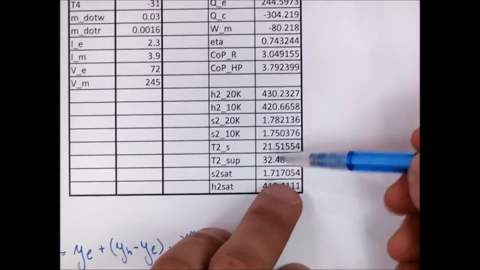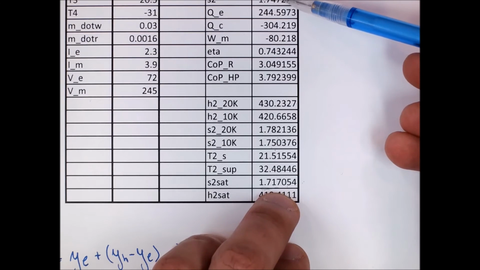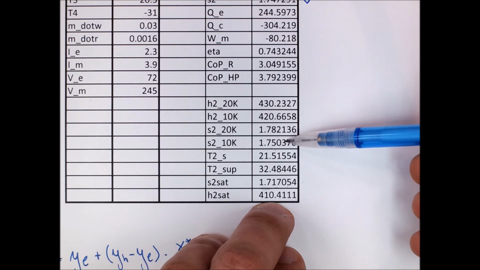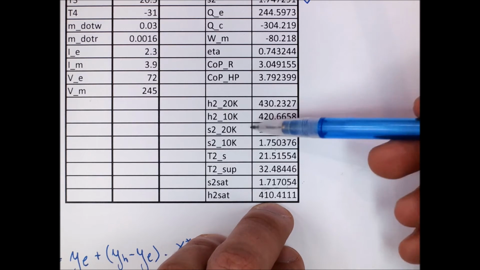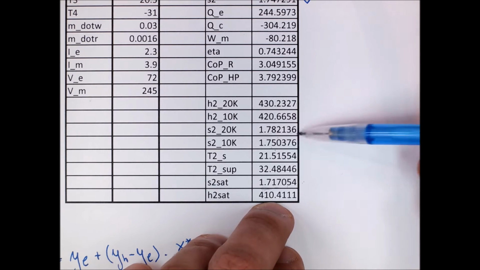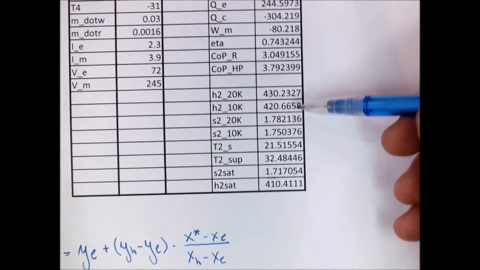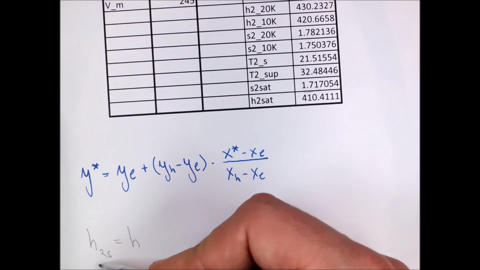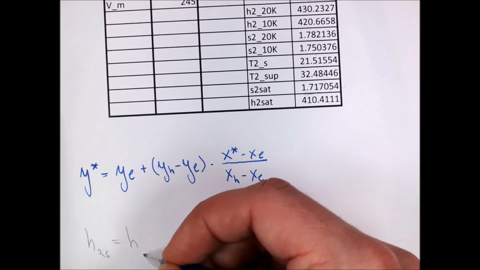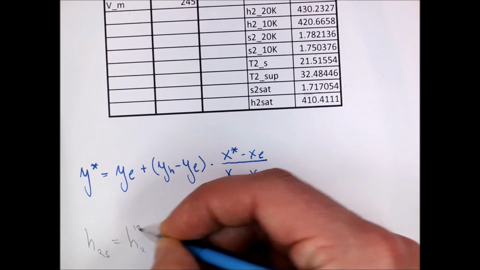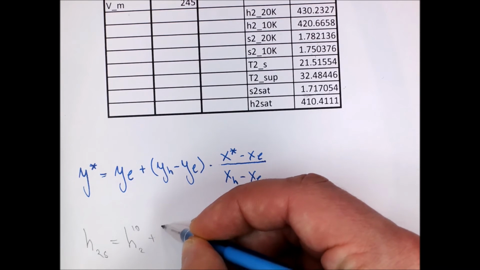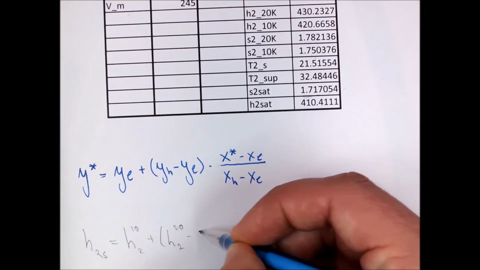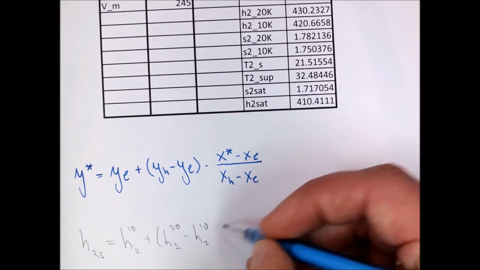We see that our real value of entropy lies between the saturated value of entropy and 10 Kelvin. So we don't need the 20 Kelvin superheated value at all. So H2S is equal to H2 at 10 Kelvin plus H2 at 20 Kelvin minus H2 at 10 Kelvin.